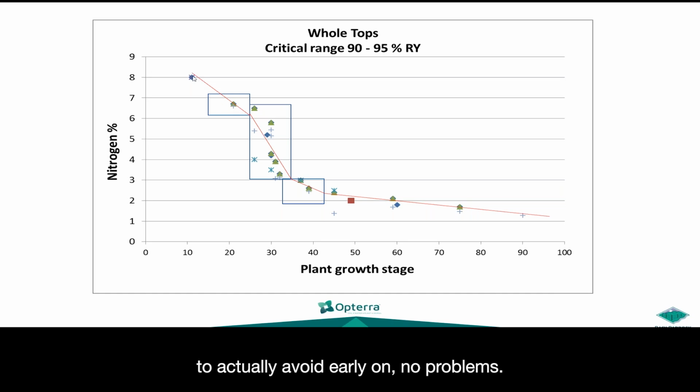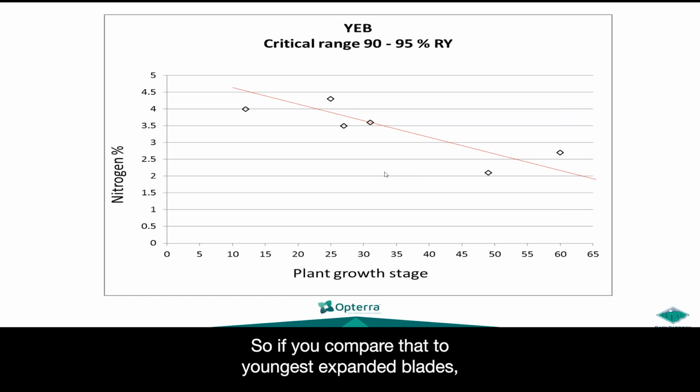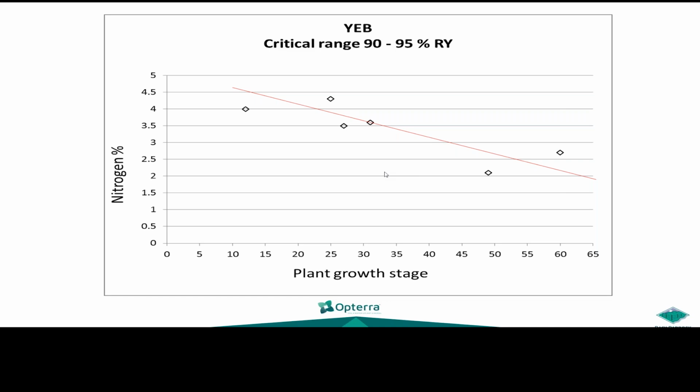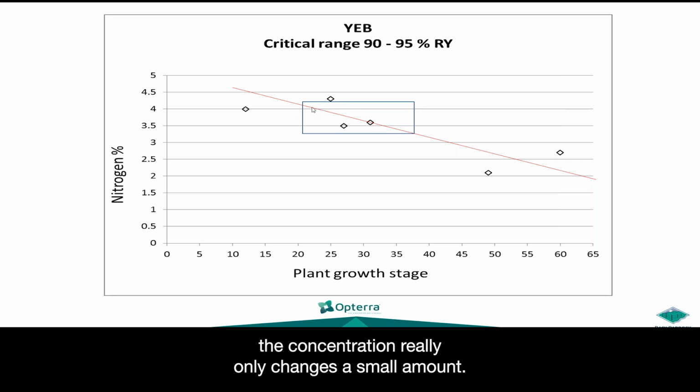Early on, no problems. Later on, the slopes are less, therefore the time between being adequate and not adequate is greater, and therefore any errors in sampling are not as critical. If you compare that to youngest expanded blades, you can see the slope is far less steep, and therefore during that critical period, the concentration really only changes a small amount.